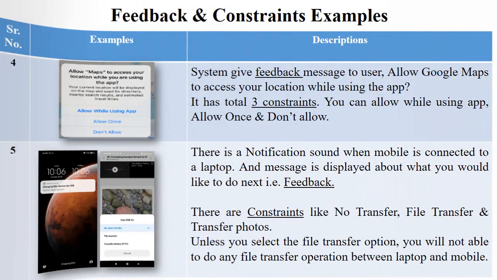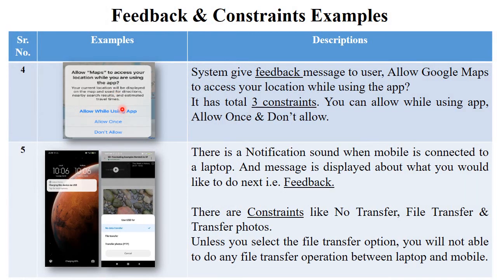Next, I think you are all familiar with Google Maps. When you open Google Maps for the first time, at that time it gives you a message like "Allow Google Maps to access your location while using the app." So this is called feedback.